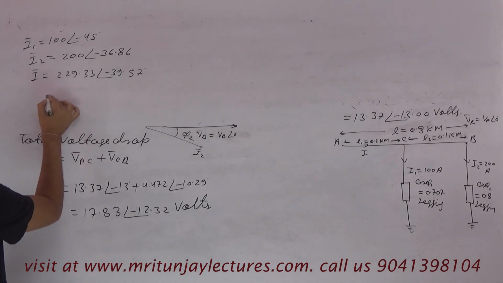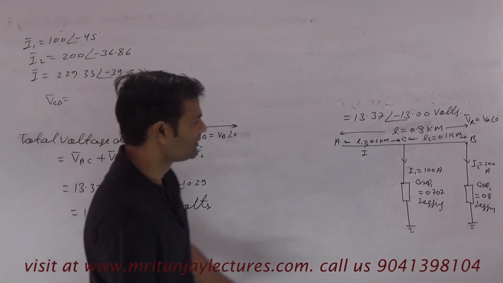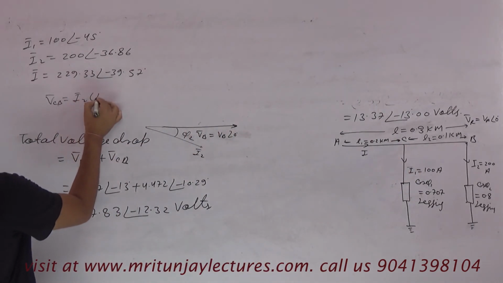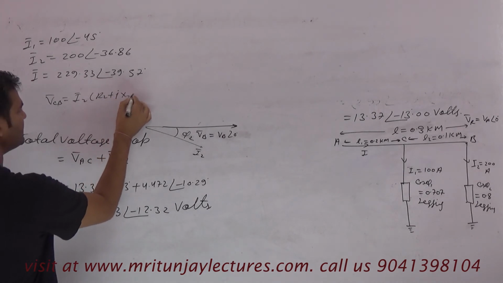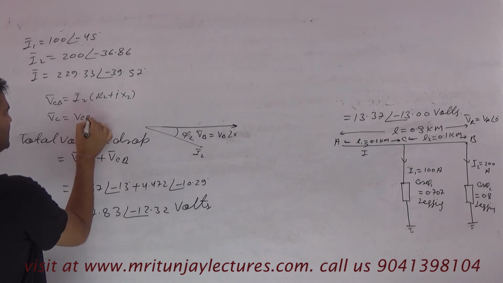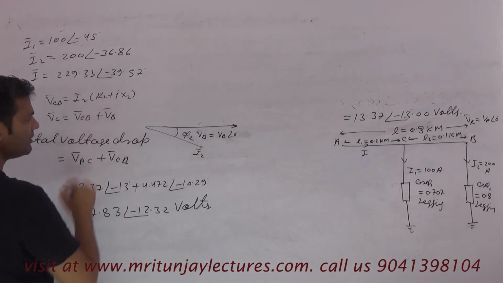Okay. If you want to make CB voltage, CB means I2 into R2 plus JX2, and VC is equal to VCB plus VB.